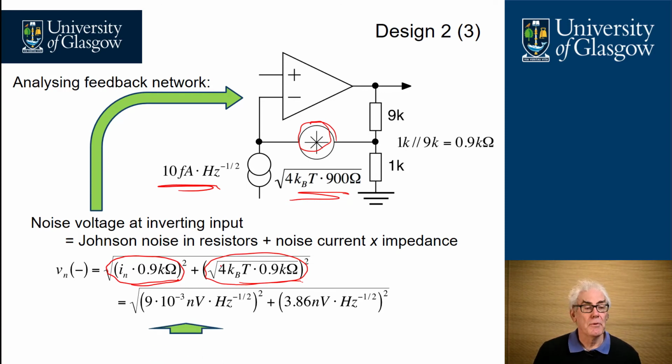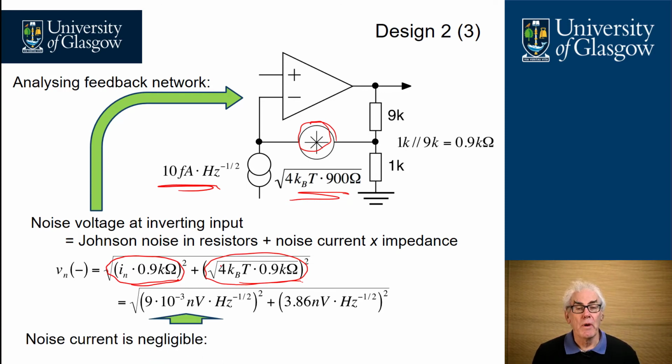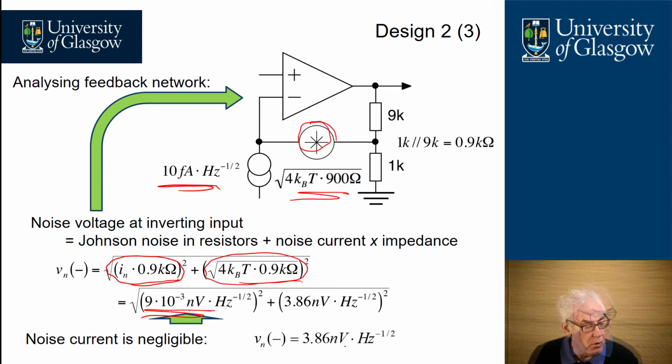Working that through the equations, we can find that when we do the noise current effect, this part of the equation is so small we could ignore it. What we're really interested in is that noise is dominated by the feedback resistor, which is equal to 3.86 nanovolts per root hertz.